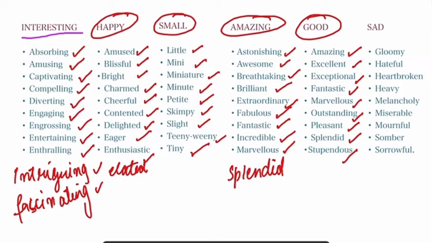So all of these words can be used for something good and amazing. Now let's learn some other words for sad. So they are gloomy, hateful, heartbroken, heavy, melancholy, miserable, mournful, somber, and sorrowful.